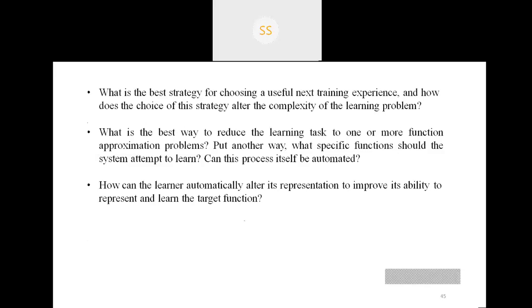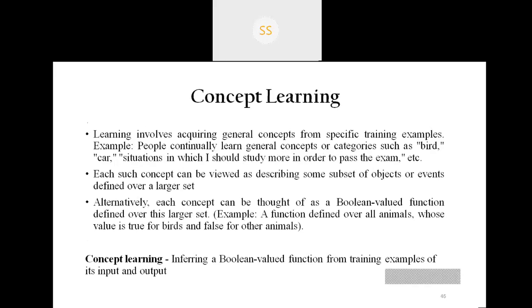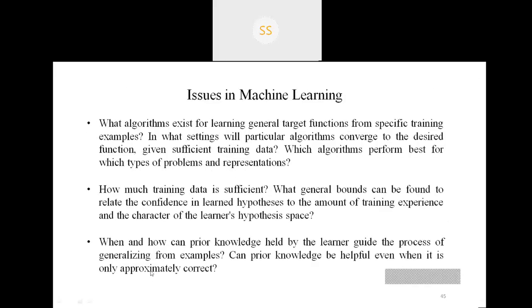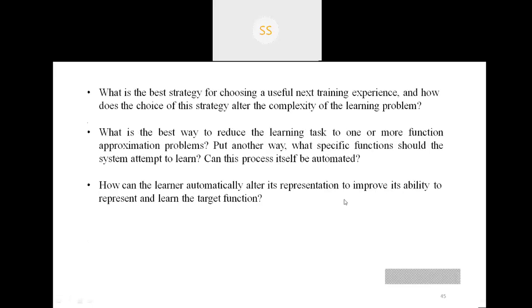How much can the learner automatically alter the representation? These are some of the issues in machine learning, with regard to the algorithm, the training data, the learner's ability, the task, the training experience, and the representation.